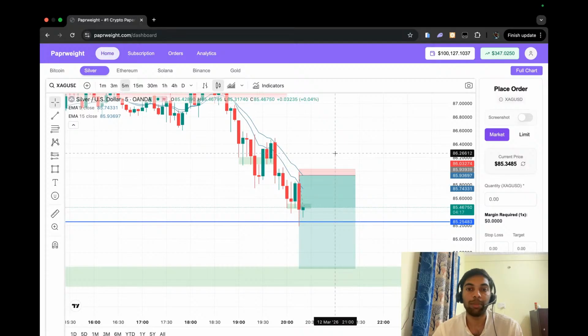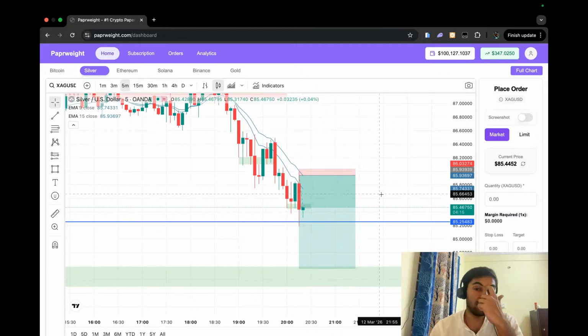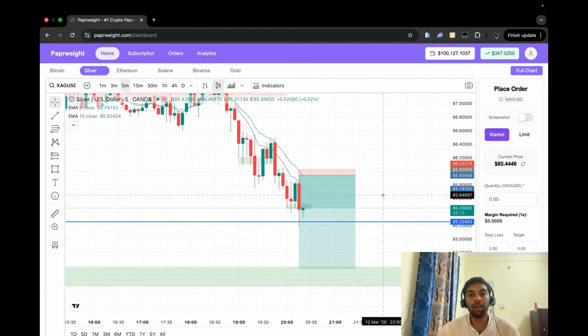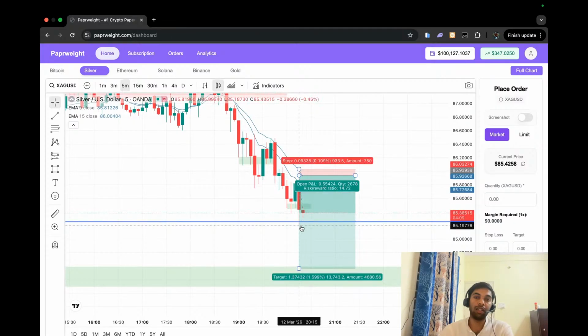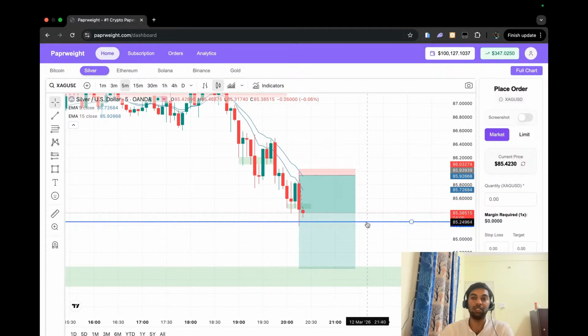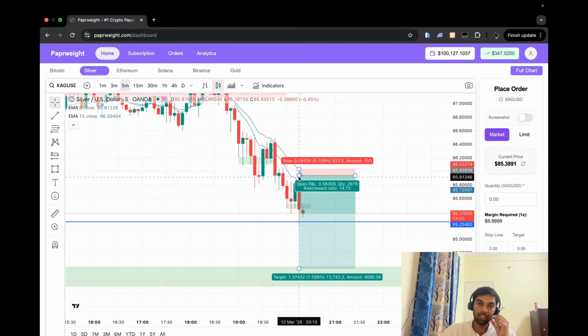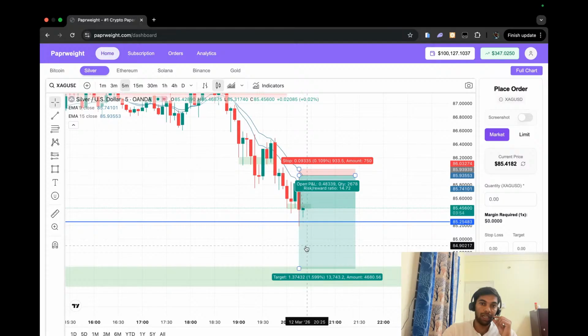So I found this as an opportunity of selling, and I jumped in with 0.5 quantity here, and I booked till here. As soon as it started facing rejection, I booked it. Price is a little bit here and there, but my logic is that I have to jump in here and square off here.